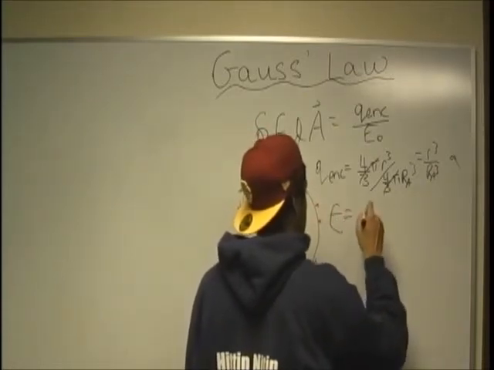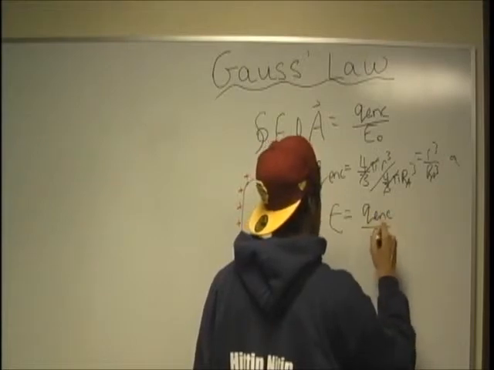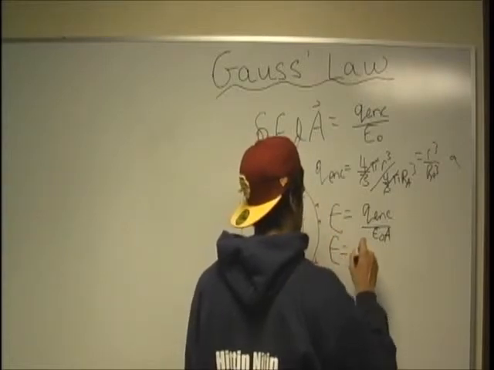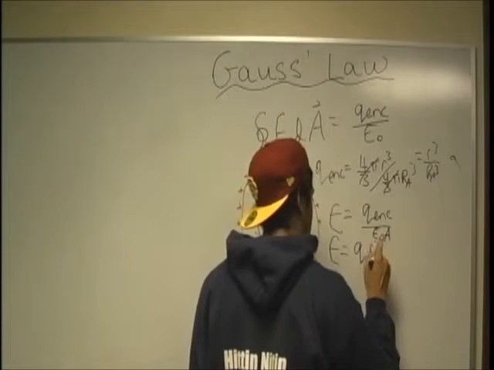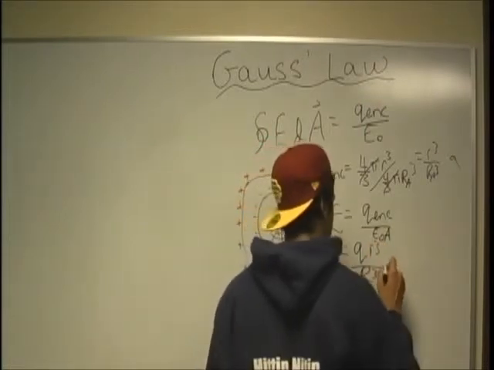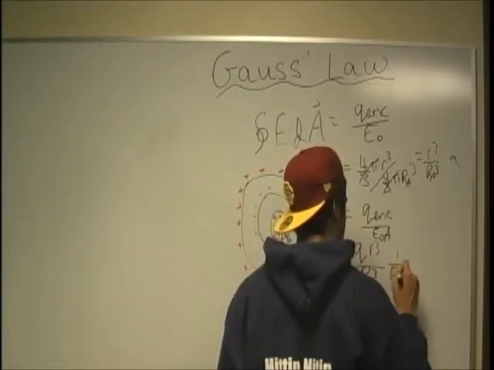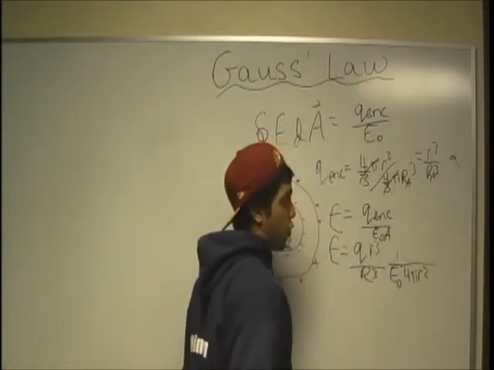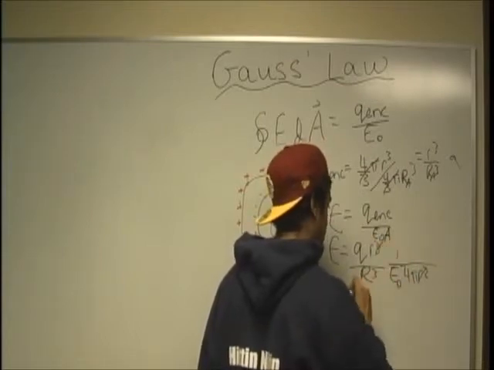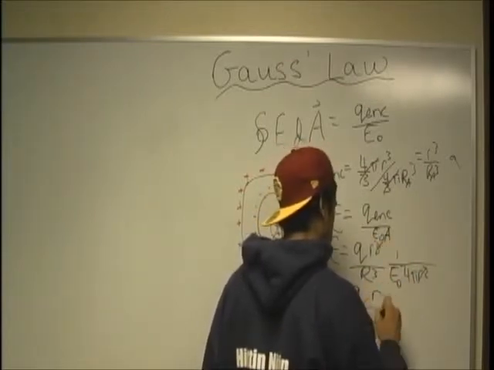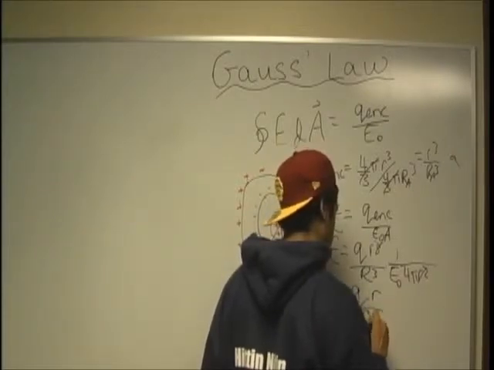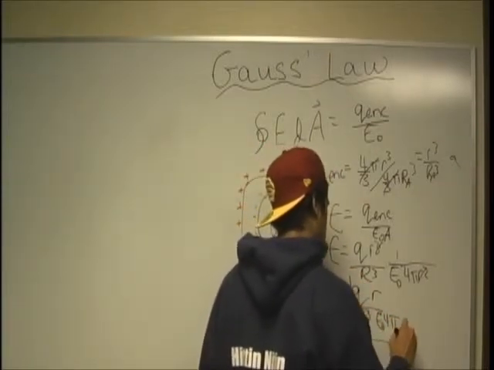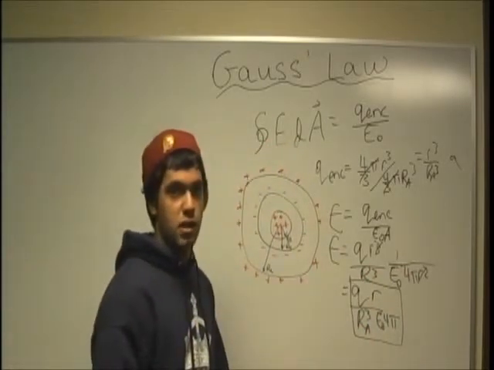So field equals Q enclosed over epsilon naught A. And now we can plug in variables to figure out, and now we can simplify this a bit to get E equals Q times r over 4 pi epsilon naught R_A cubed. So this is going to be the formula for inside the first non-conducting sphere.